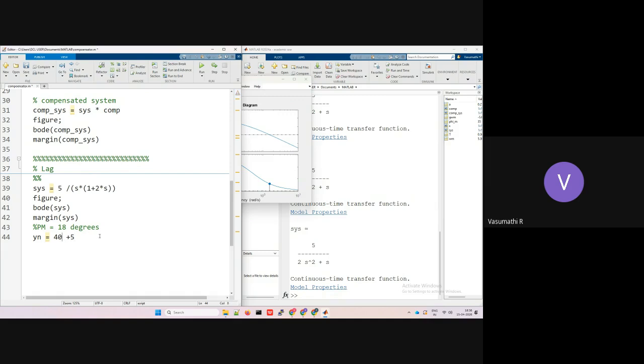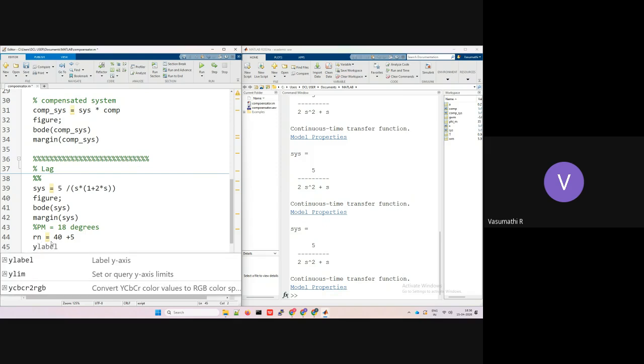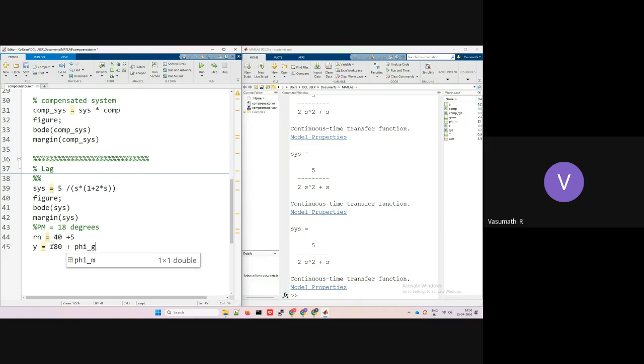Then comes the phase at your gain crossover frequency that you need to find. How do you find that? From the phase margin of the uncompensated system, gamma, which is 18 degrees: phase margin of the uncompensated system equals 180 plus phi at gain crossover frequency. This is the formula.